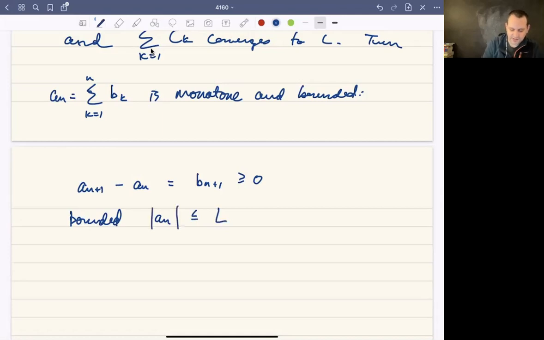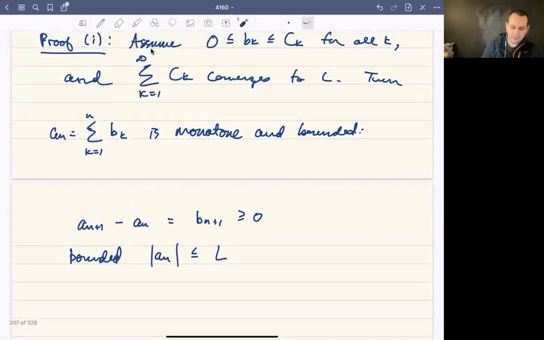I don't really have to say too much more here. The value a sub n is less than or equal to L for all n, because L is the limit here. Again, c sub k is positive, so that's going to be continually increasing. This is going to converge to L. And if I wanted to write this out in more detail, a sub n is equal to, I'm cheating just slightly, the sum of the modulus of b sub k, k goes from 1 to n.